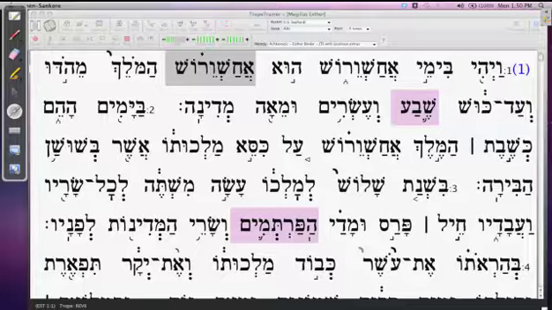And now we know that because the accent is under the shin, in case we didn't know that was the word Sheva, the word for 7, we know that it's pronounced Sheva and not Sheva because the Tevir is under the shin. Okay, so it's Sheva, not Sheva, but Sheva. And that's step 2. Step 3 is Tevir. And now, step 4, we'll put it all together. Sheva. Sheva.